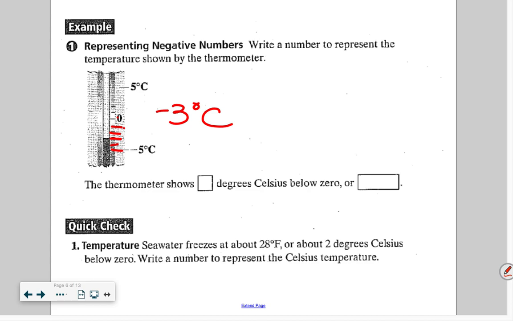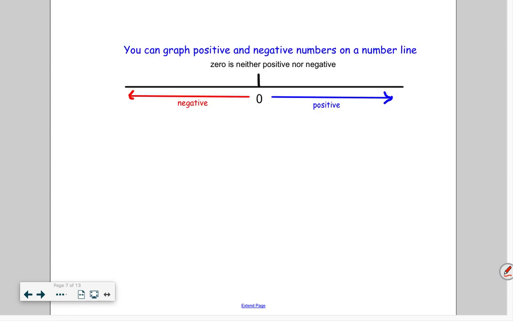What would that be? 0 degrees? No. 2 degrees Celsius below 0. What would we do? -2 degrees Celsius. They wanted the Celsius temperature to be recorded. Back into your notes.